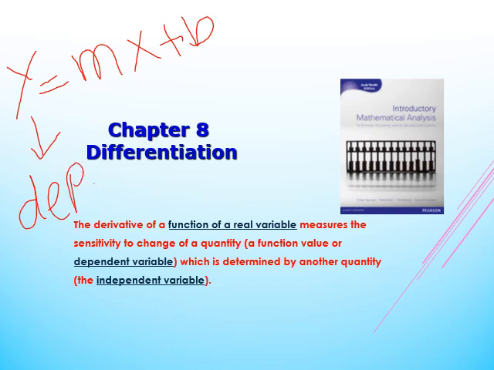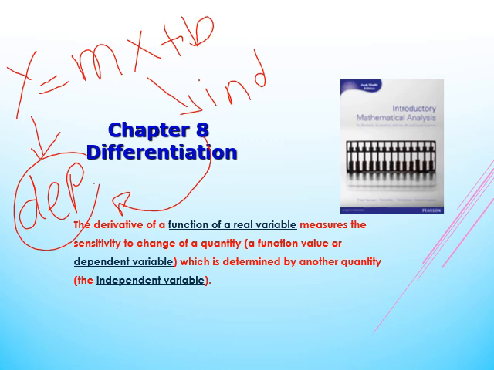Dependent variable means that we depend on the values of x. Any change in the value of x changes the value of y. So x is the independent variable, and y is the dependent variable.